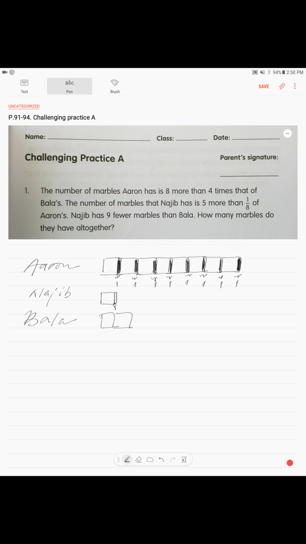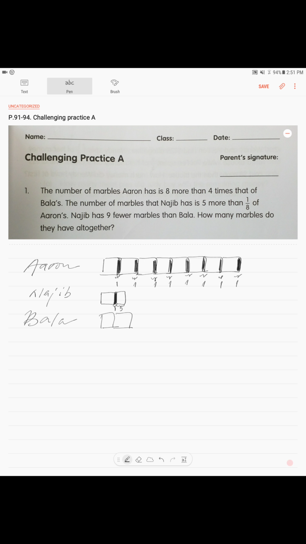And they tell us that Najib has 5 more, so he also has a piece that is 5. This is too small, but you can get it. So we have 1 unit, this small little black piece that is 1, and we have extra 5.